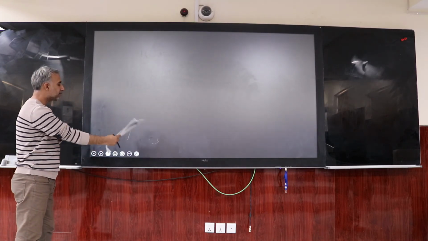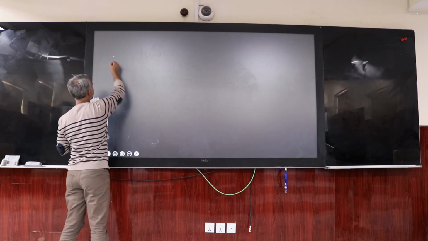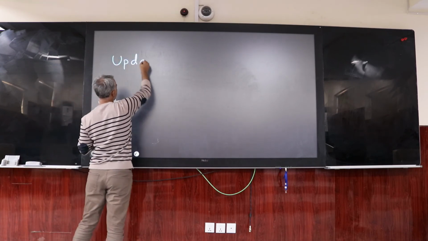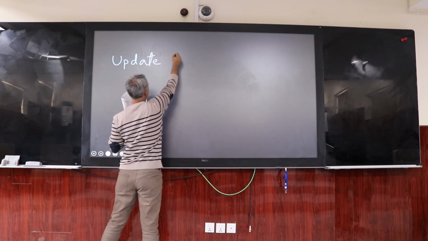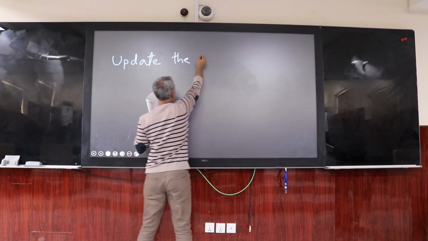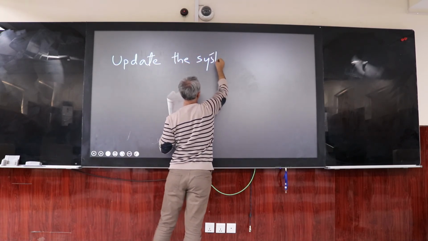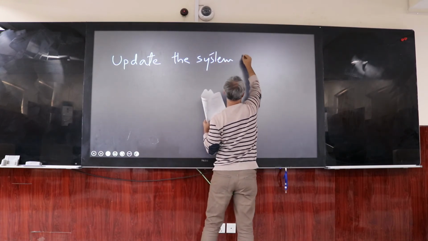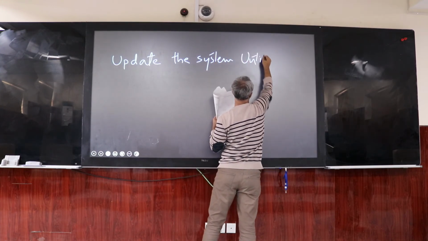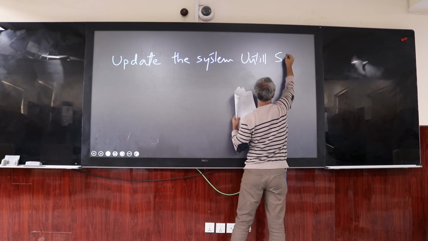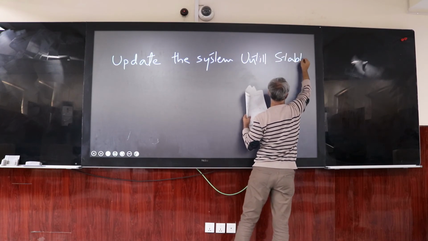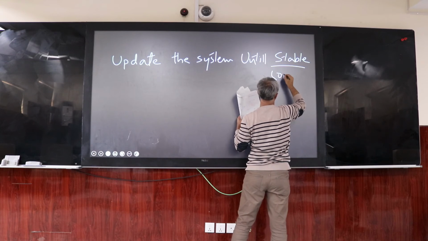So in the update step, you update the system until it is stable, or you can say convergence.